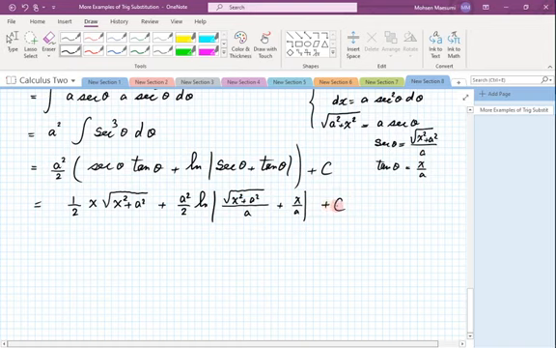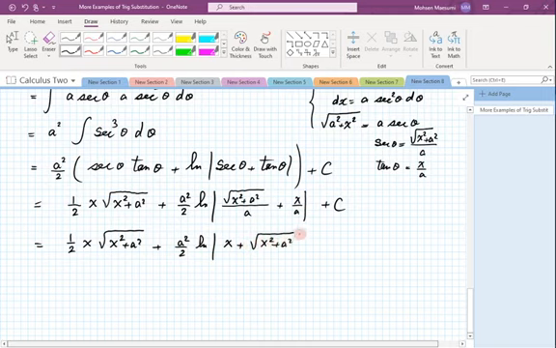Since it's a constant, we can merge it with this constant, and as a result I'll have 1/2 of x radical x squared plus a squared, and then a squared over 2 of logarithm of, customary to write the small items first, x, the same as above, x squared plus a squared, and then some constant, you either rename it or just call it k. So that becomes the third formula.